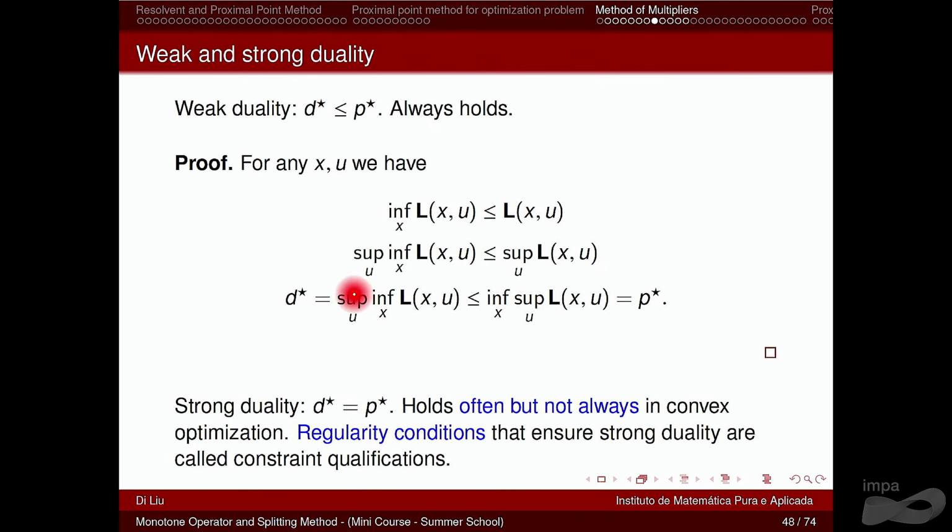Because this is a fixed number, if we take the infimum in x, it doesn't matter. So from this inequality, we take the infimum on both sides, and this inequality still holds. And remember the definition of the primal problem. I write it here to make it clear.